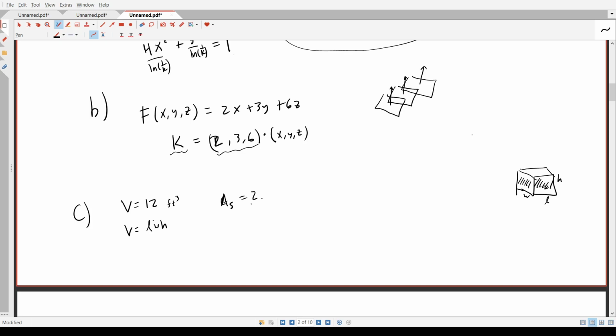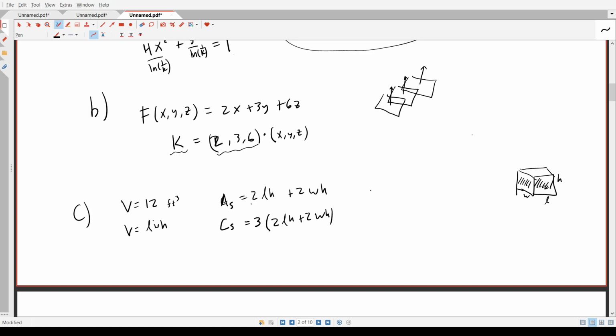So we have two sides where it's the length times the height, and we have two sides where it's the width times the height. And the question says $3 per square foot. So the cost for the side is going to be $3 per square foot times the number of square feet, which is 2 times LH plus 2 times WH.